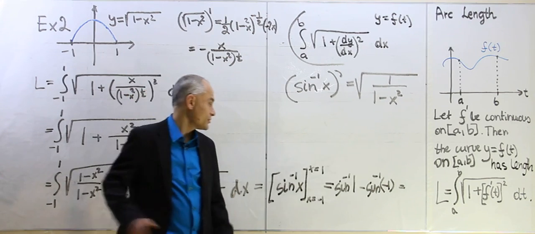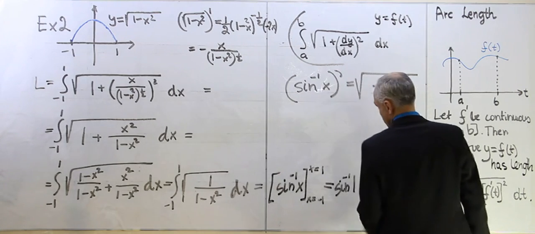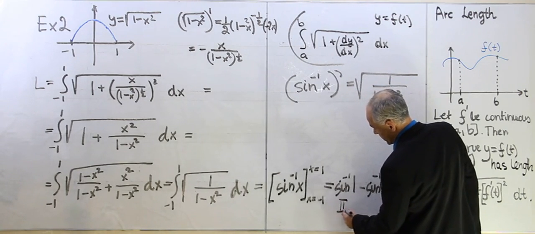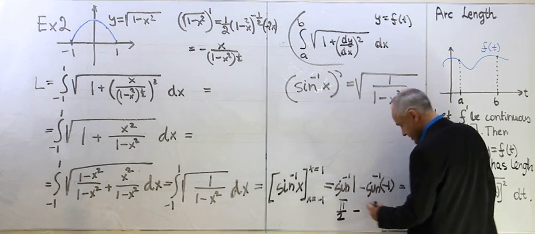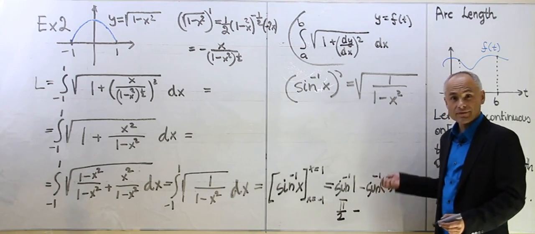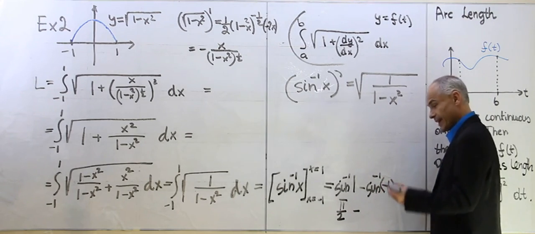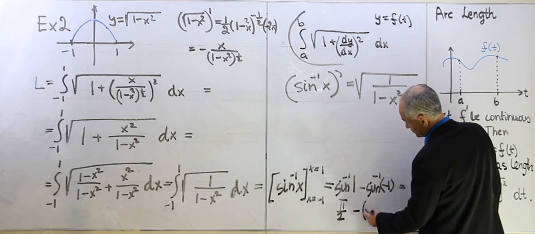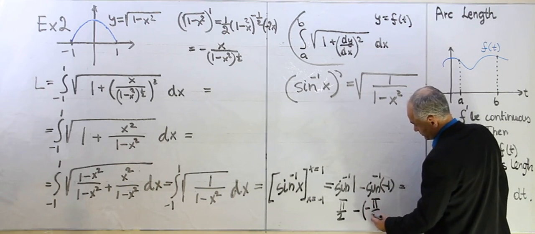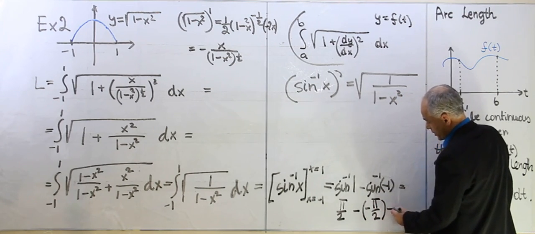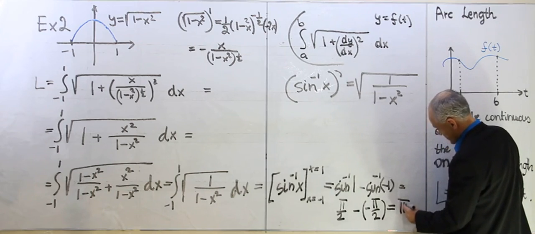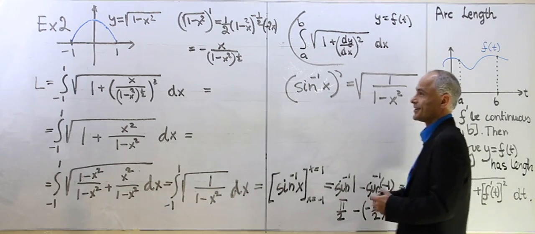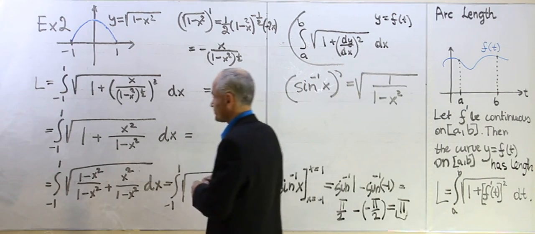It's pi divided by 2, yes. So we get pi divided by 2 minus, and what's inverse sine of negative 1? Negative pi divided by 2. Okay, so we got pi. Well, I'm so happy. Didn't make a mistake here.